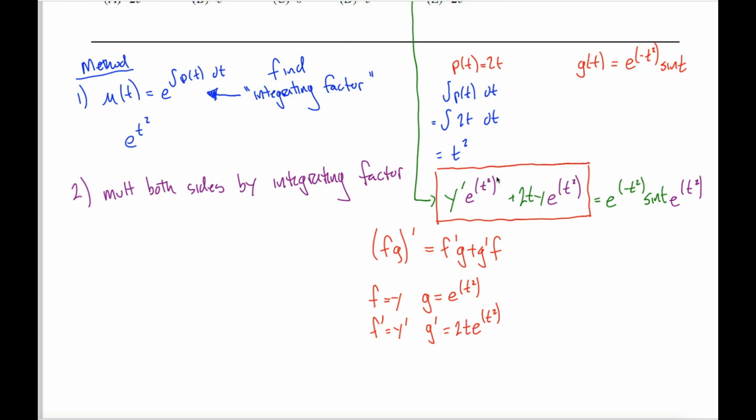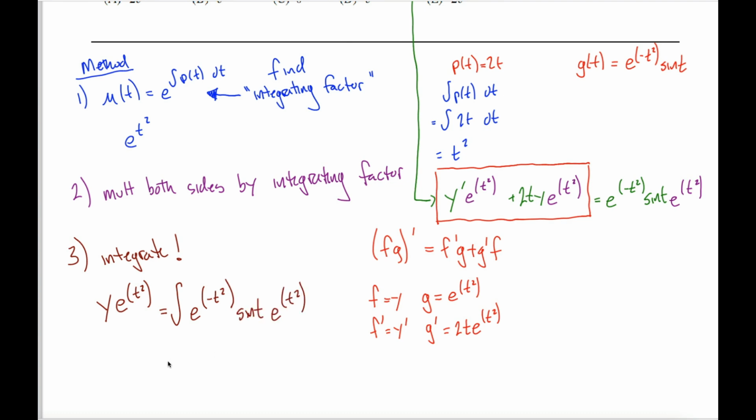Because we've managed to create this product rule, step 3, where we integrate both sides, is really easy. Since the derivative of fg is f prime g plus g prime f, the antiderivative of f prime g plus g prime f is just fg. What I'm saying is the antiderivative of all the stuff in the box is just y times e to the t squared power. On the right side of the equation, we have the antiderivative of e to the negative t squared times sine of t times e to the positive t squared.